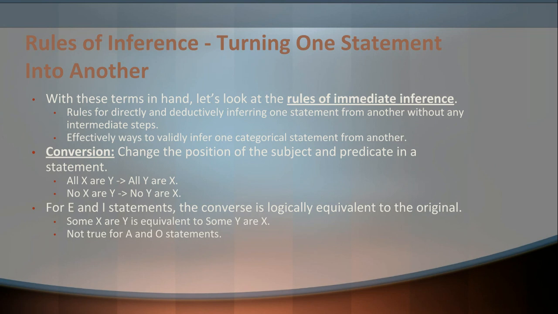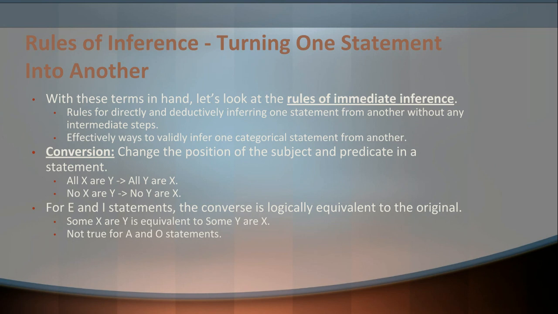On its own, that doesn't sound particularly informative, but depending on what categories you're working with, that can actually be quite interesting and worth knowing. And similarly, this works for the negative version of this as well. If we're talking about some x are not y, well, then it's also the case that some y are not x, and so forth. Now, it's worth noting that conversion does not work on A and O statements if we're looking for logically equivalent ones.